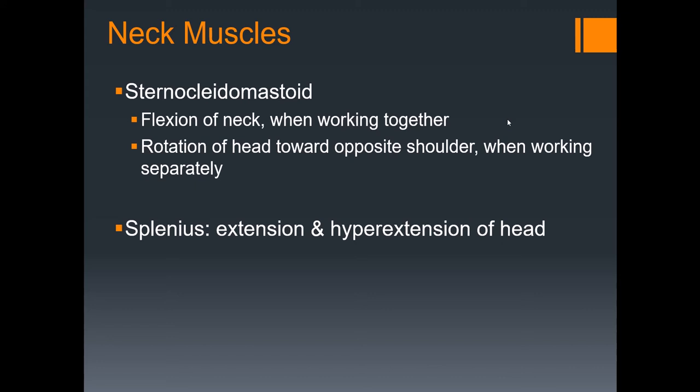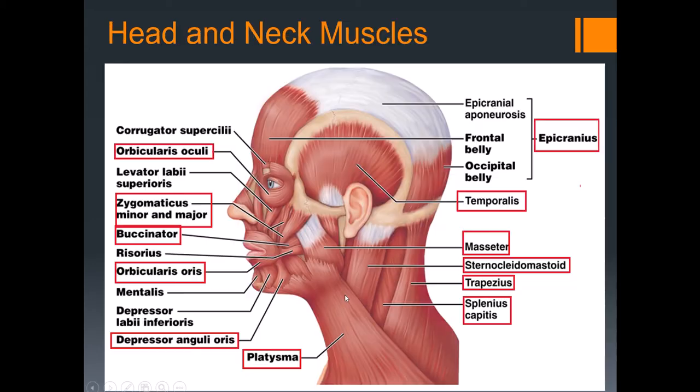When they work together, that allows you to flex your head forward, so the flexion of your neck. But when they work opposite each other, when they antagonize each other, they cause rotation of your head. And then the splenius muscle is a muscle in the posterior that causes extension and, of course, hyperextension of your head and neck. So let's take a look at those.